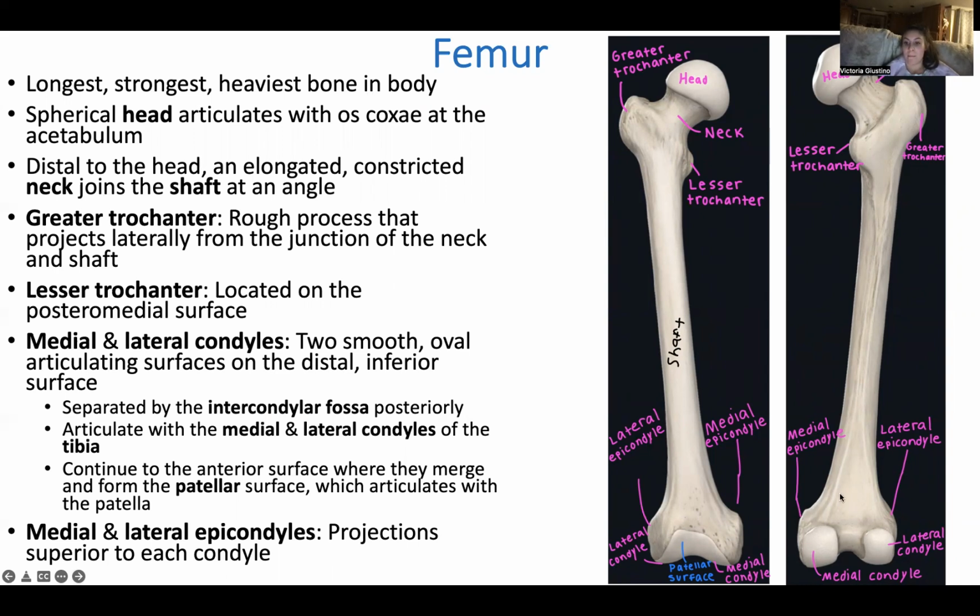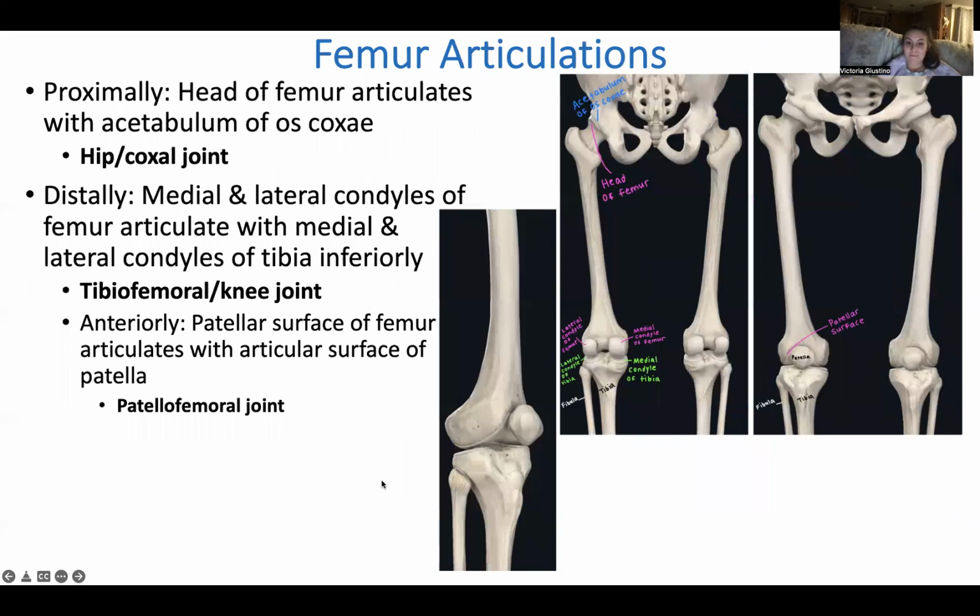And then, of course, the epicondyles are above those respective condyles. But on the anterior portion of the condyles, we have the smooth patellar surface, because we're going to get the articulation of the patella with the femur at that patellar surface.